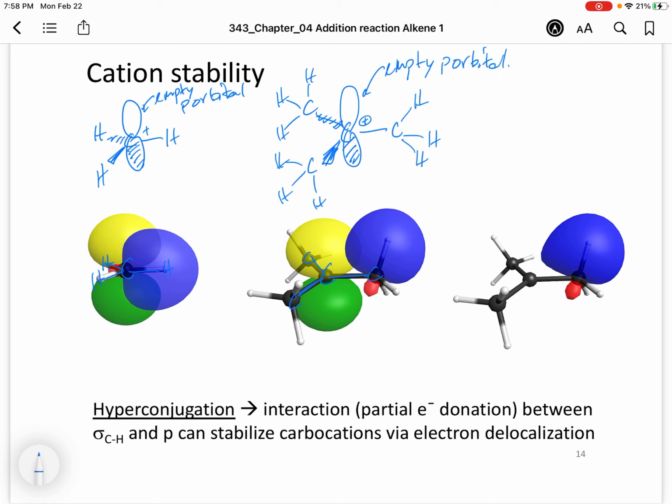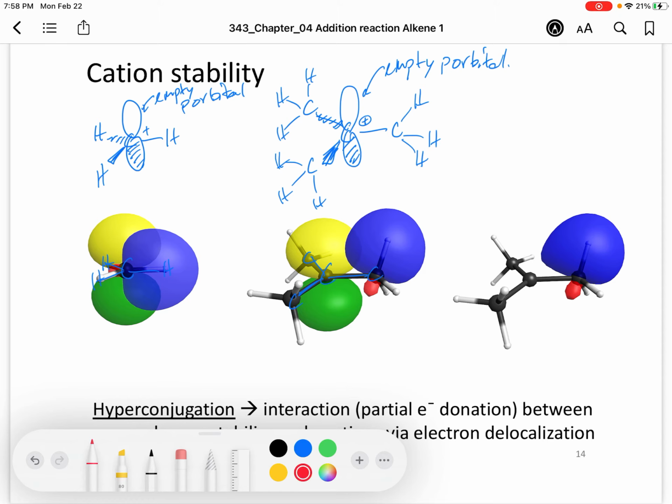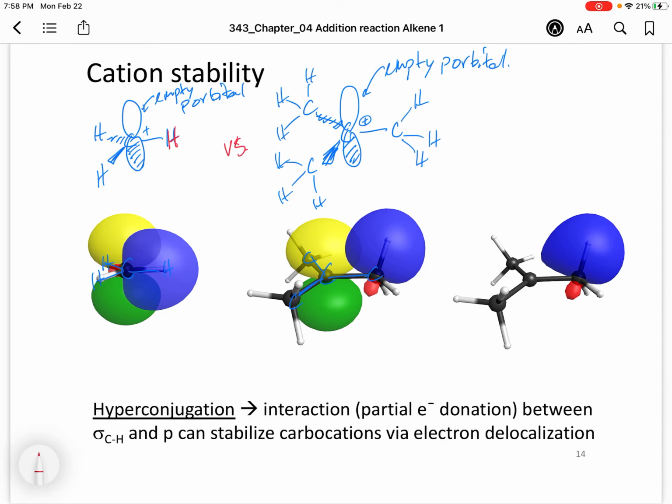And notice the difference here when we have hydrogen versus when we have a substituent that has CH bonds.